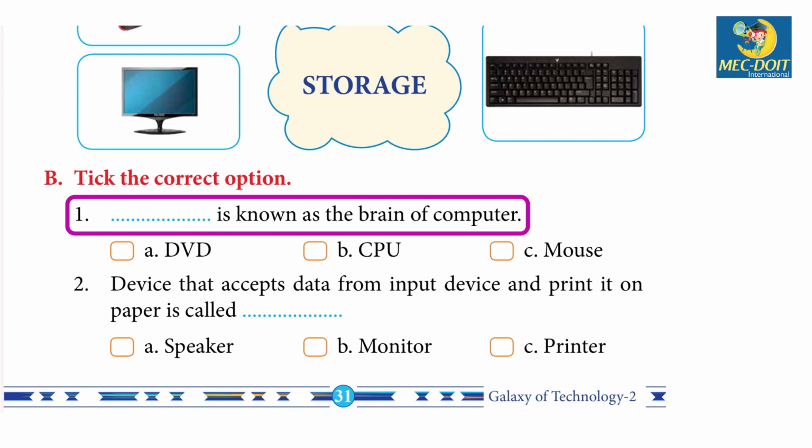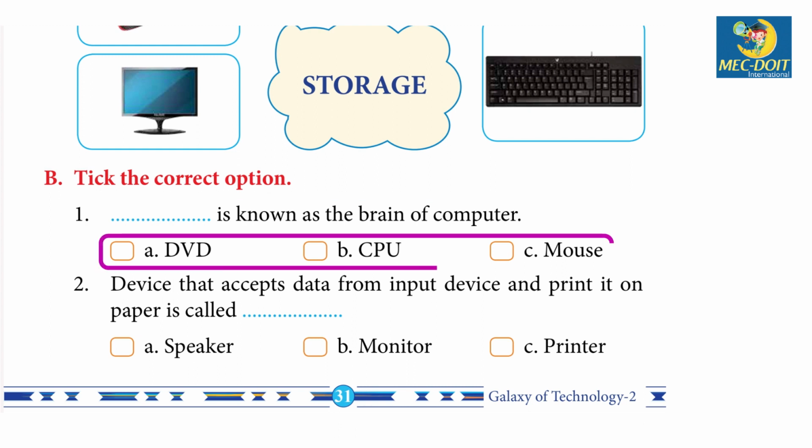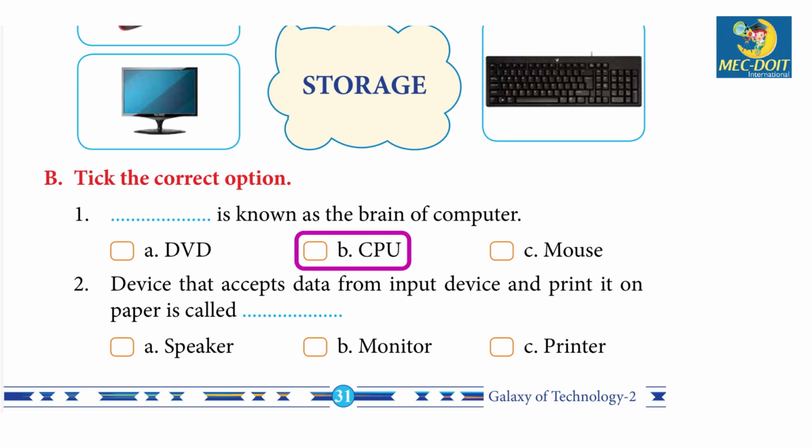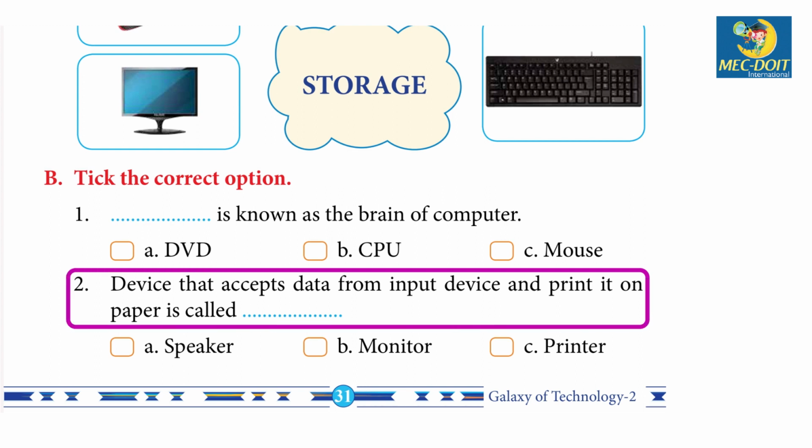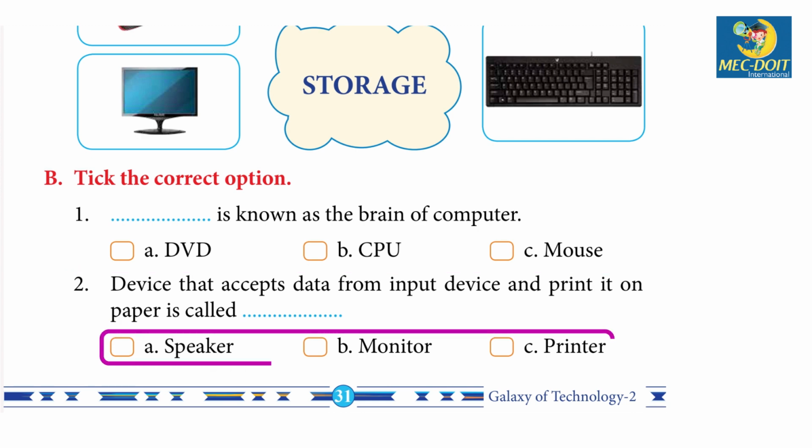1. Dash is known as the brain of computer. A. DVD. B. CPU. C. Mouse. Answer B. CPU. 2. Device that accepts data from input device and print it on paper is called dash. A. Speaker.